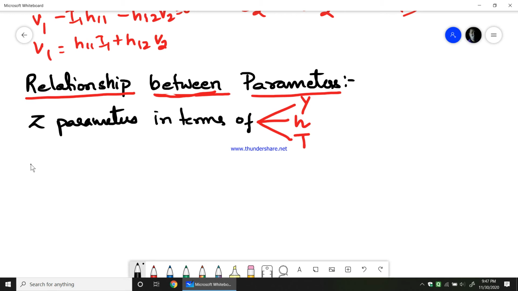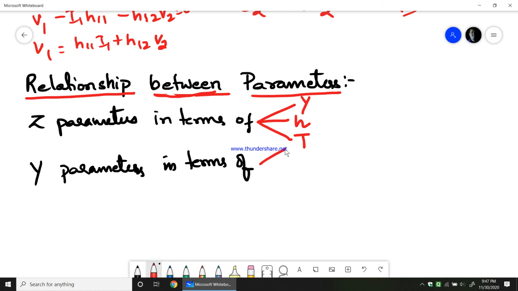Then again we'll derive Y parameters in terms of Z, H and T parameters.